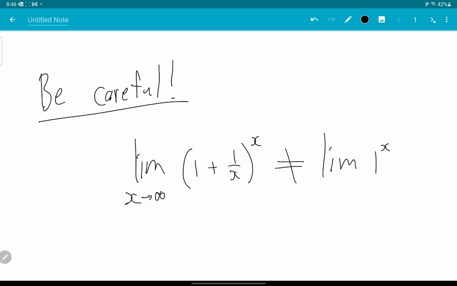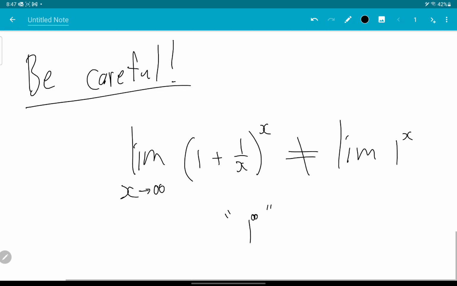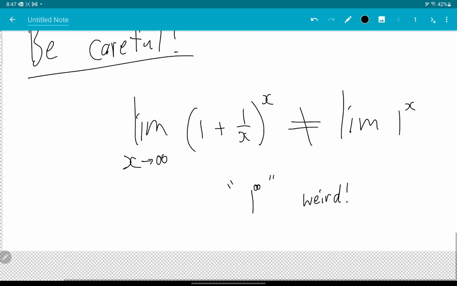The reason is that you have a difficult and delicate thing happening here. The base is going towards 1, and the exponent is going towards infinity. That is a very difficult thing that you cannot play with. You have to be more careful. It's weird, 1 to the infinity.